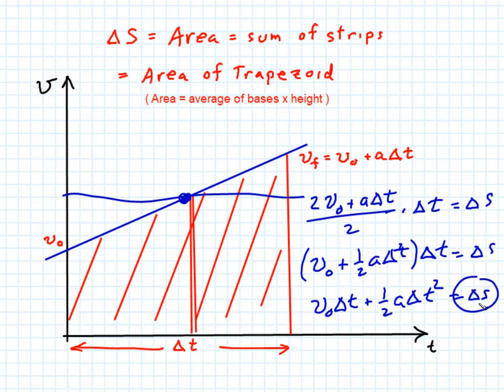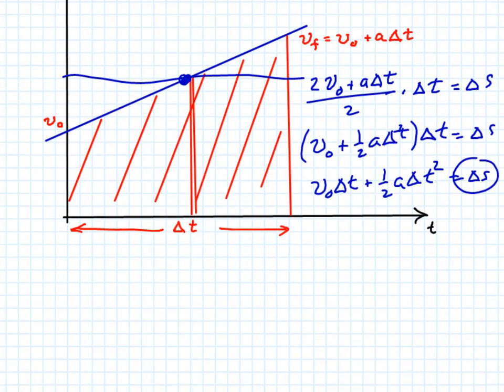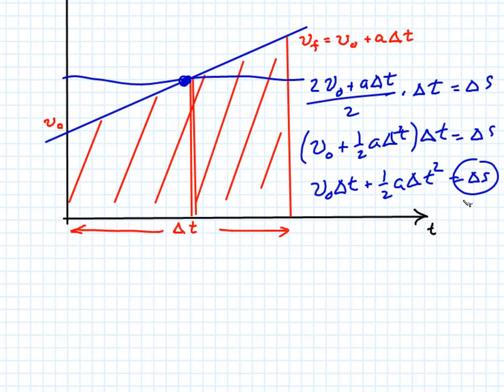If I split up my delta S into final minus initial, I'm going to rewrite it under here. S final minus S naught. And if I bring the S naught to the other side, turning it around, the final position is equal to S naught, the initial position, plus v naught delta t, plus 1/2 a delta t squared.